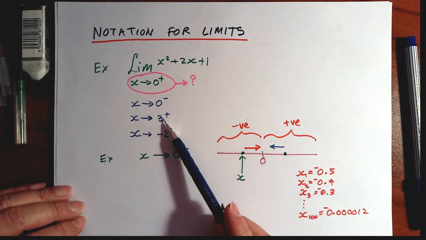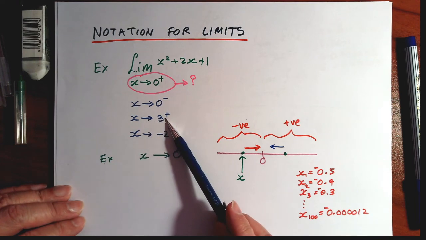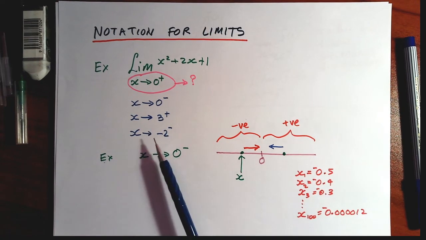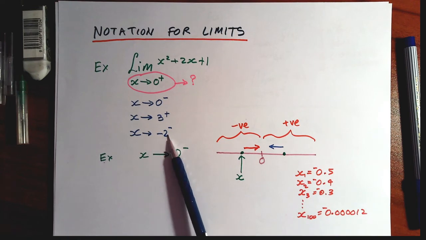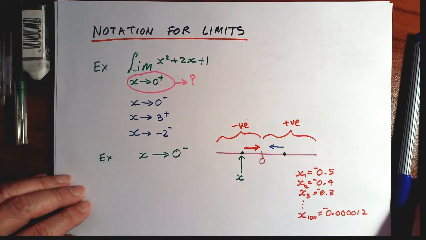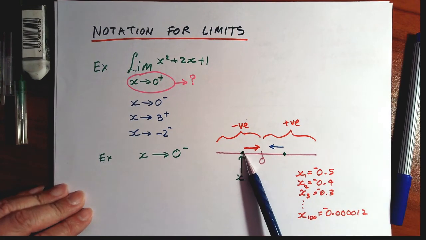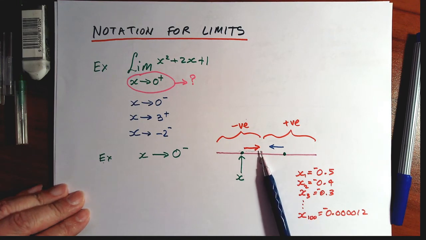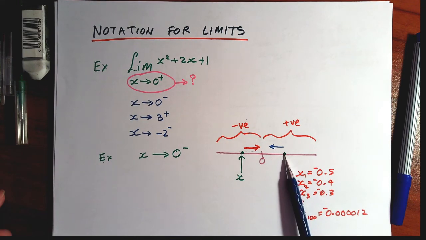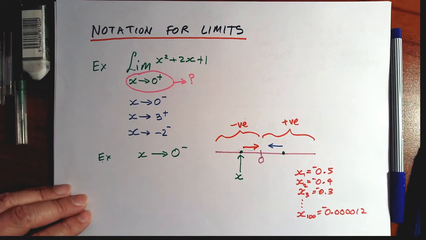The notation for a larger value would be x approaches 3 plus. From a smaller value, it would be x approaches minus 2 minus. And x gets closer and closer from the negative value, and closer and closer from the positive value.